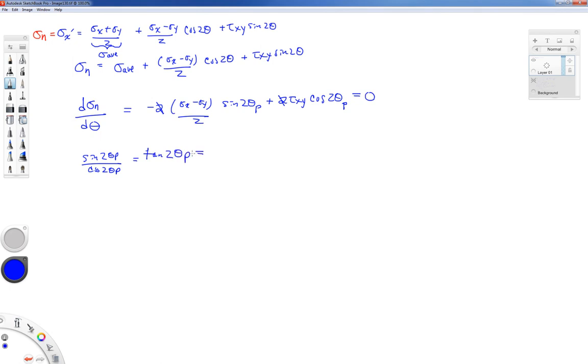That's going to be equal to tau xy on the top divided by this coefficient here, sigma x minus sigma y over 2.